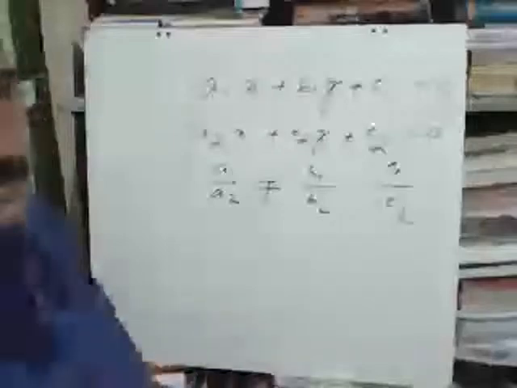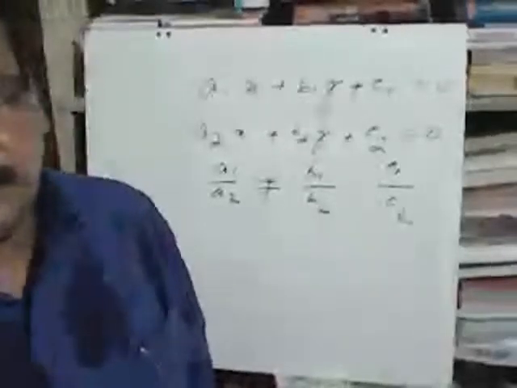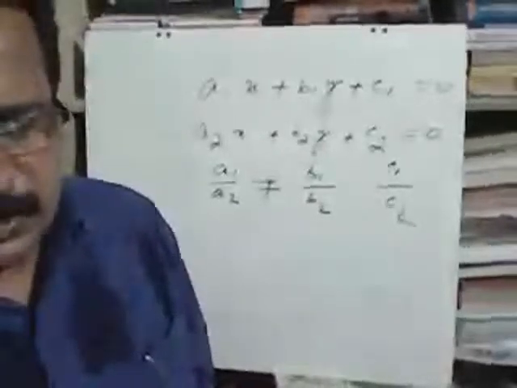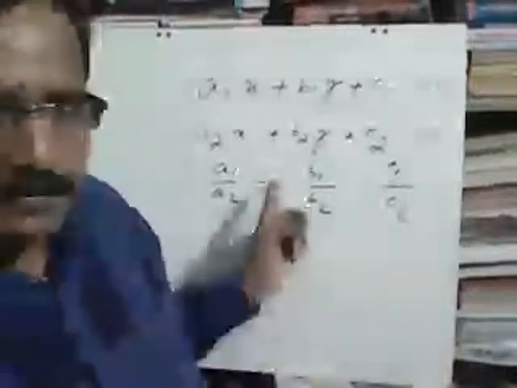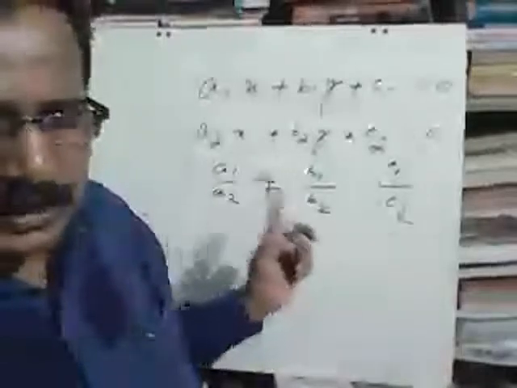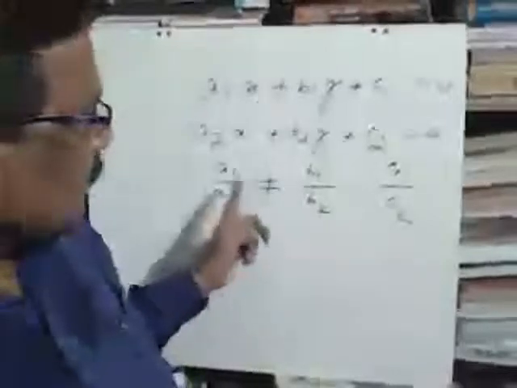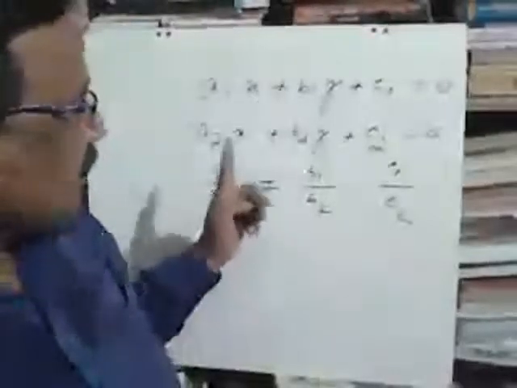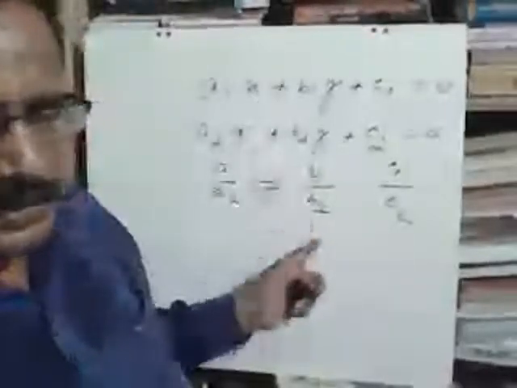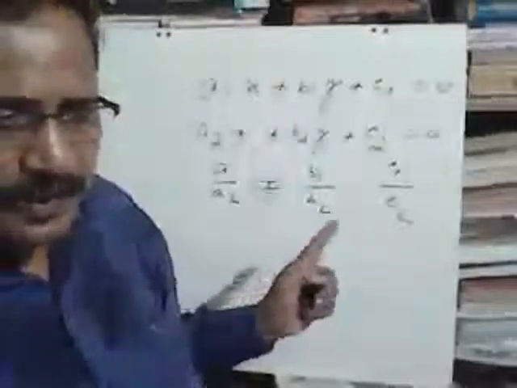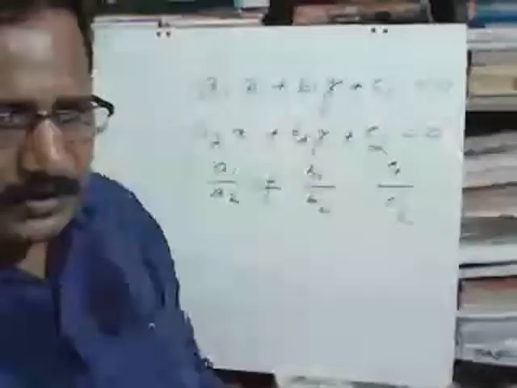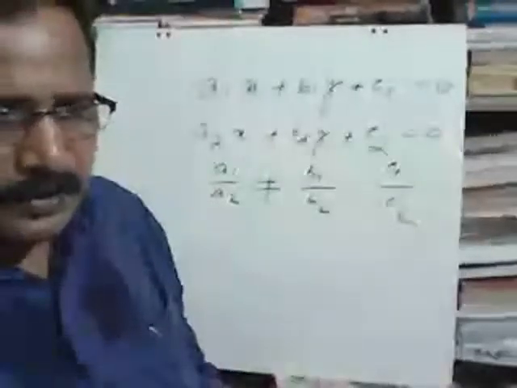From this, we will conclude that the system of equations has a unique solution. The graph will intersect at a unique point. If a1 by a2 is not equal to b1 by b2, then the lines intersect each other exactly at one point.